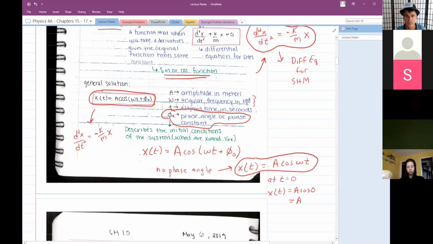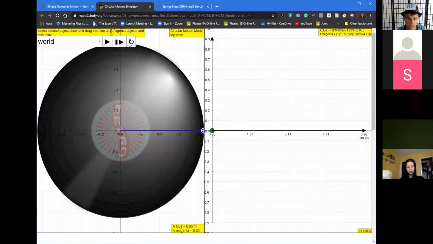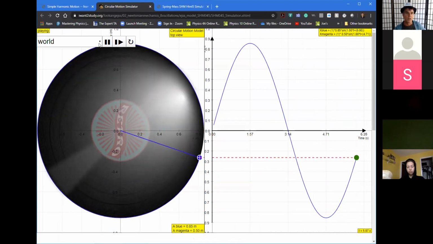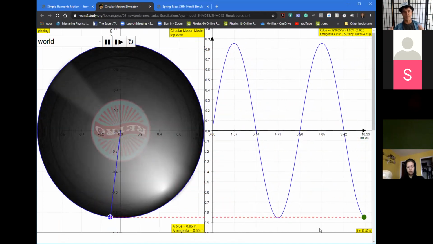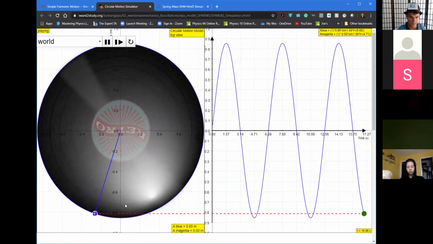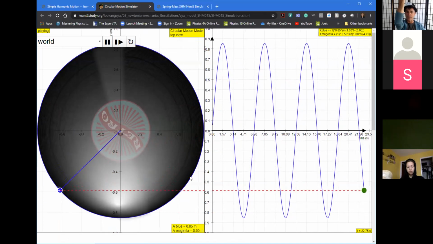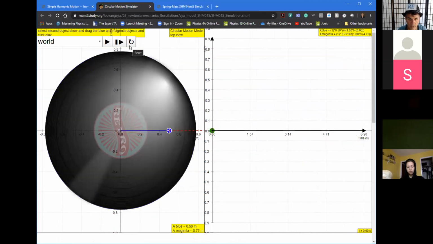And in fact, let me just share this simulator again with you to show you. Okay, let's reset this. So as this thing is moving in circular motion, if I look at the projection of the y component of this, that's going to describe the position of a mass oscillating up and down in simple harmonic motion.